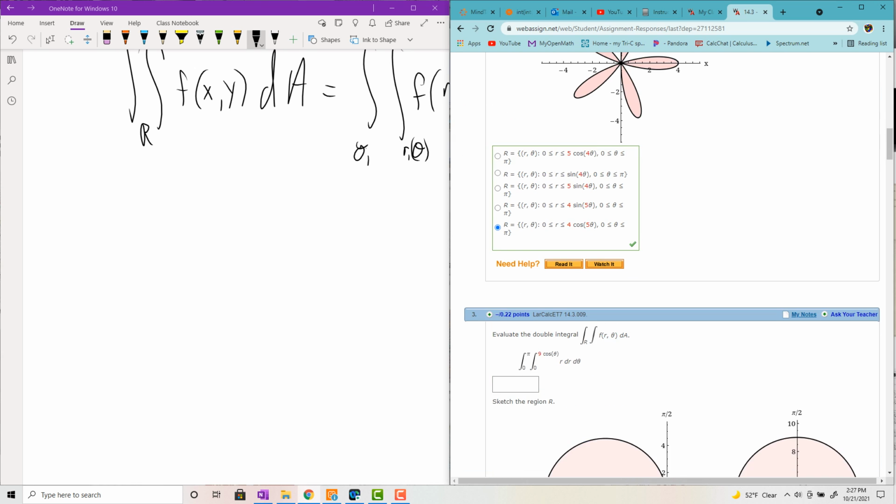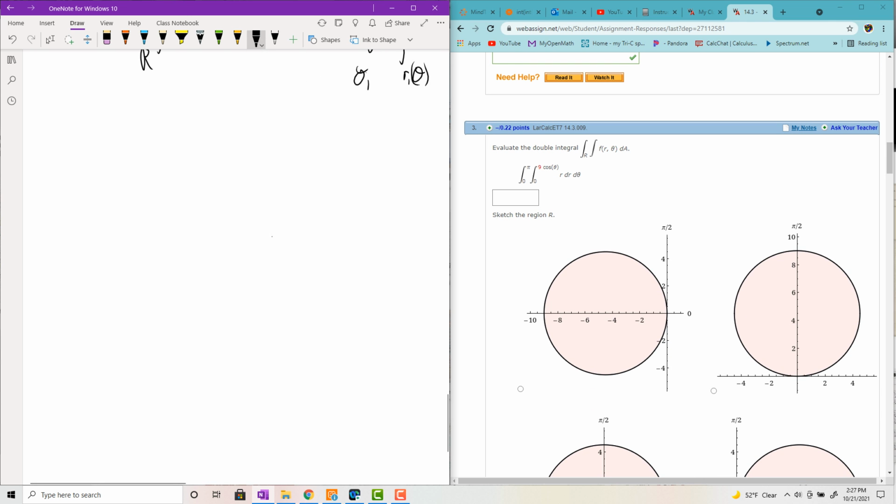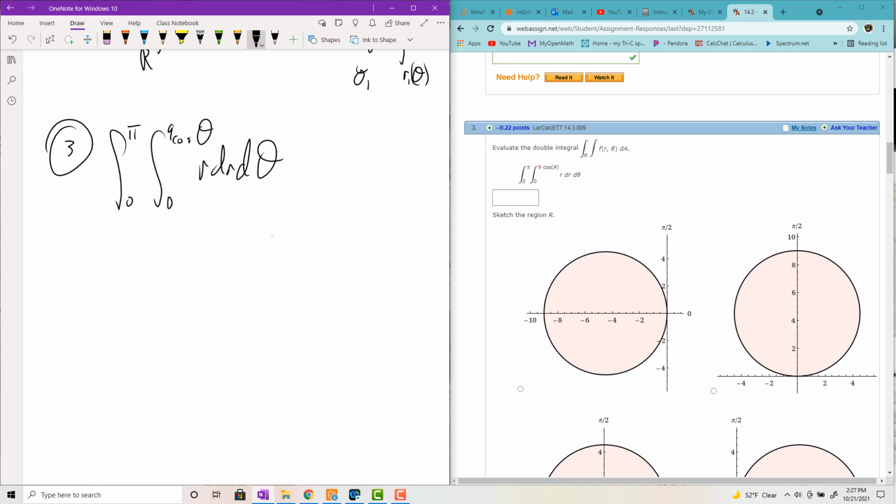Okay, sorry about that. So let's do some integrals, right? Problem 3. The integral from 0 to pi, integral from 0 to 9 cosine theta, r dr d theta. They want to know the region you're integrating over. So r equals 0 is just the origin, to r equals 9 cosine theta.